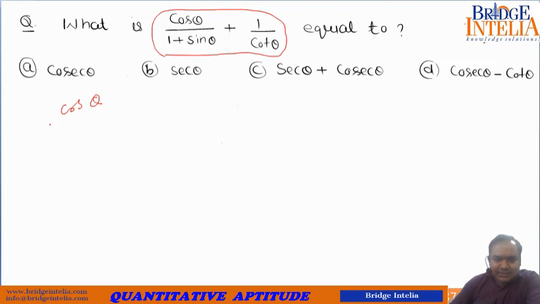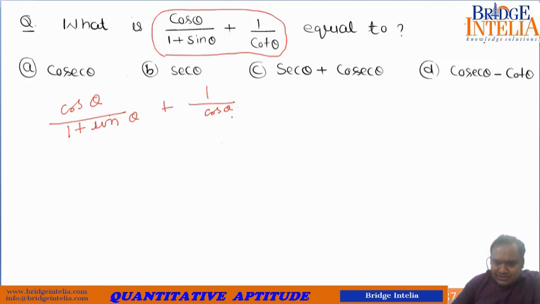Cos theta divided by 1 plus sine theta. So no need to break this term any further. Plus 1 by cot theta. So yes, we are going to simplify this cot theta, or rather express this cot theta in terms of cos and sine. So how can I write cot theta? So cot theta is equal to cos theta by sine theta.